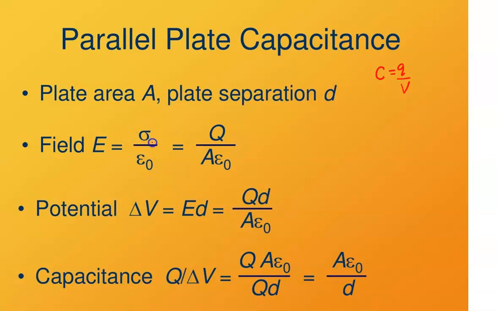Here sigma is the surface charge density, given by charge per unit area.